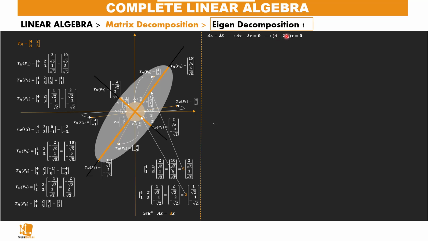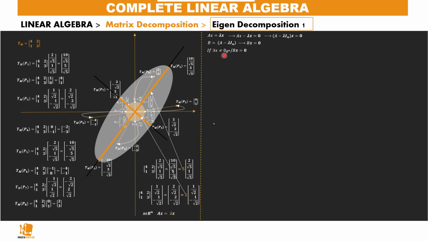But multiplying this constant by the identity matrix turns this part into a matrix, and now we have a homogeneous equation. With this, we have that if B is equal to A minus lambda In, then this means Bx is equal to 0.